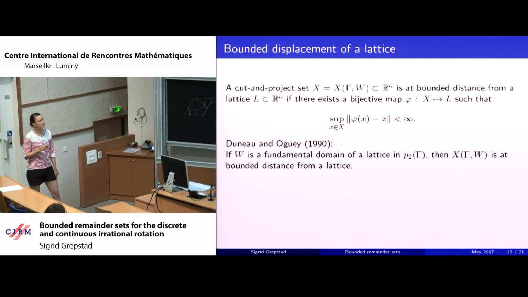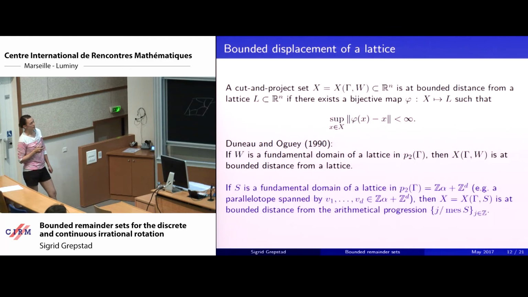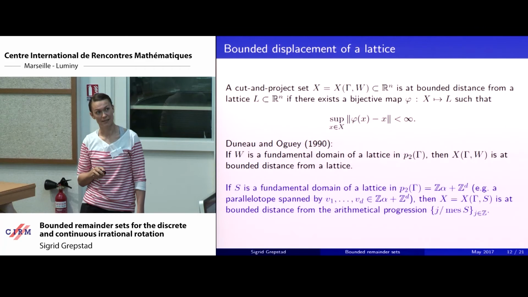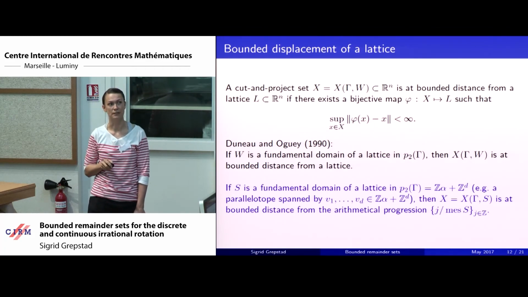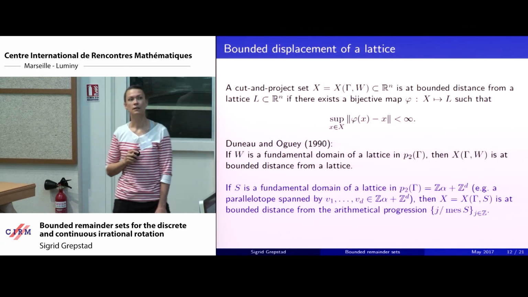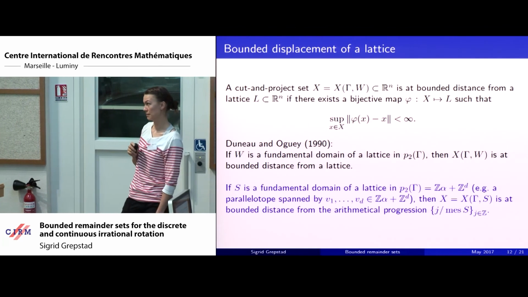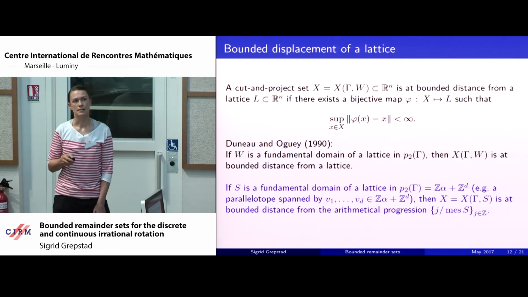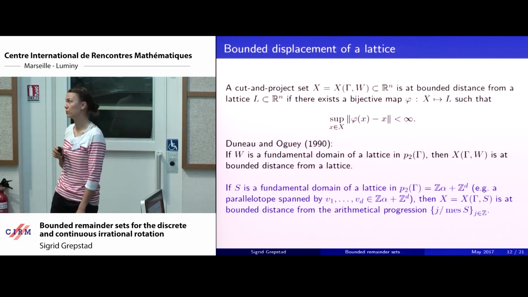So if we now take this result and translate it to what it says for our specific case, it's saying that if S is a fundamental domain of a lattice in Z alpha plus Z^D, which for instance covers any parallelotope spanned by D linearly independent vectors in Z alpha plus Z^D, then this resulting set is going to be at bounded distance from a lattice. Now, seeing as X is in one dimension, this means it's at bounded distance from an arithmetical progression.